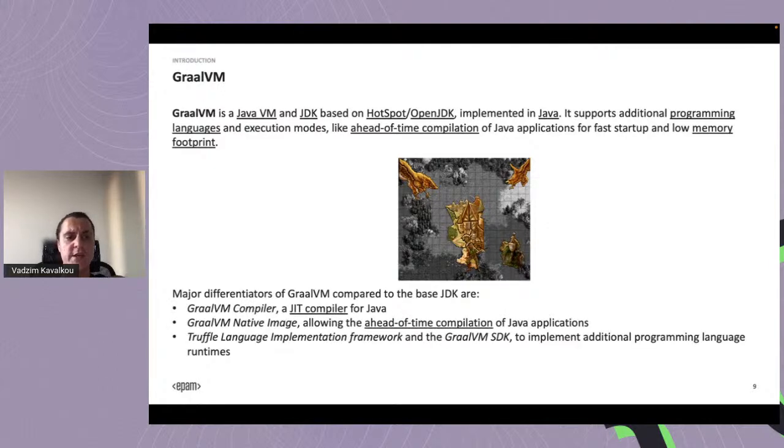Okay, and major differences of GraalVM in comparison with the JDK are the GraalVM compiler, a JIT compiler for Java, GraalVM native image, allowing the ahead-of-time compilation of Java applications, and the Truffle language implementation framework and the GraalVM SDK to implement additional programming language runtimes.